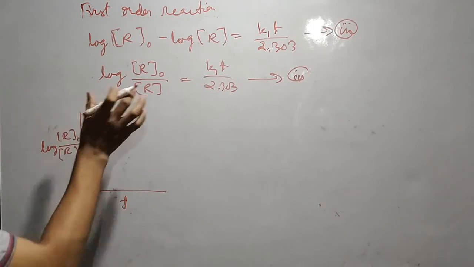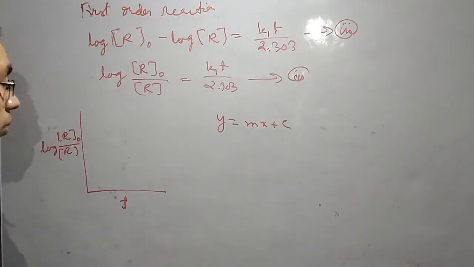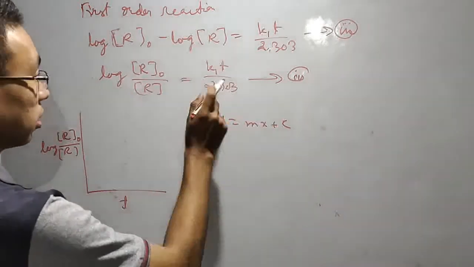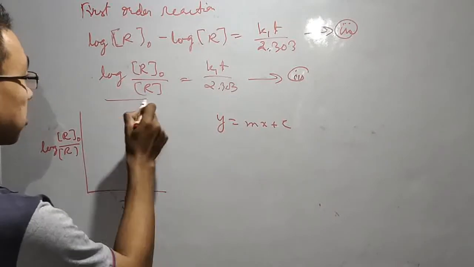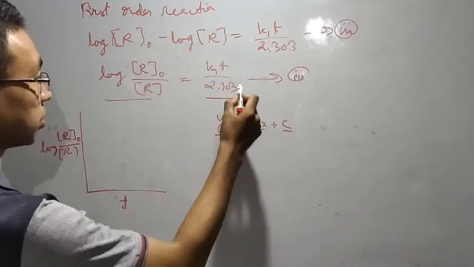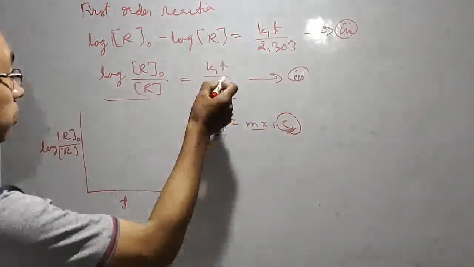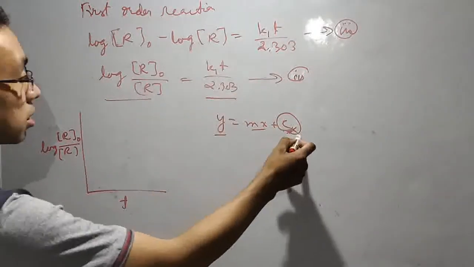Now here you see y equals mx plus c. If we compare with this one, in this case there are two terms only, whereas here there are three terms, which means one term is missing, and that missing term is called the intercept. So here the intercept is missing.